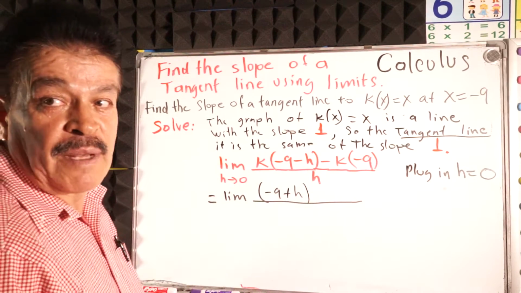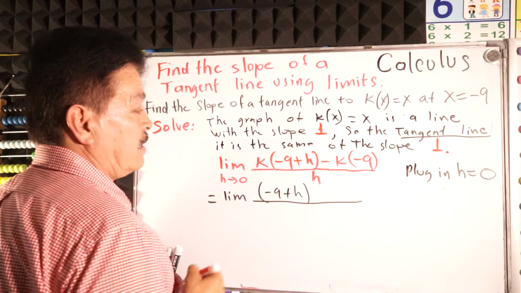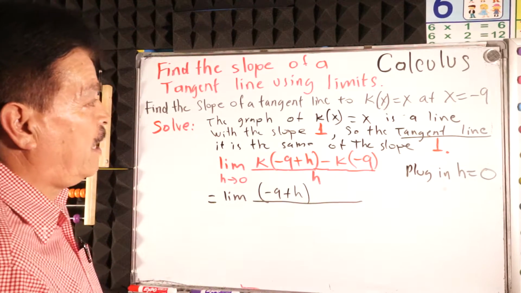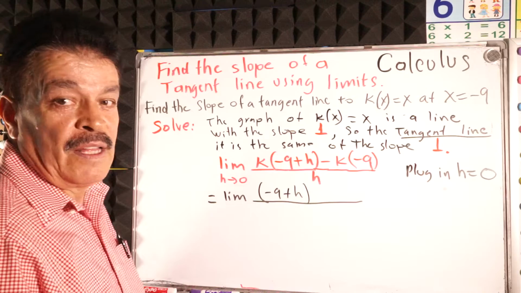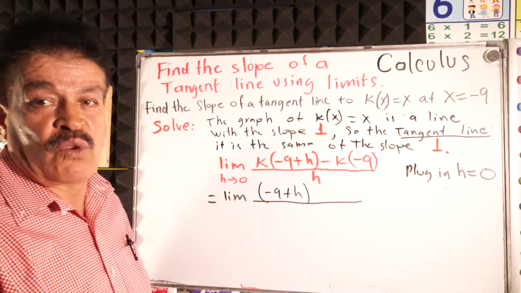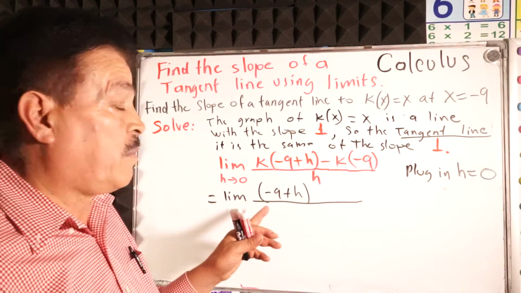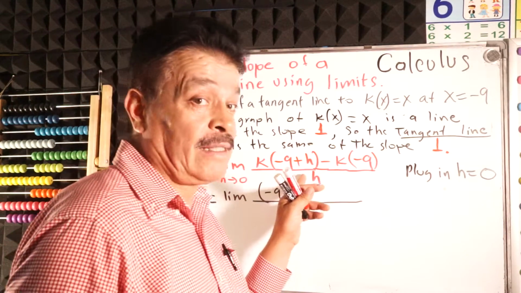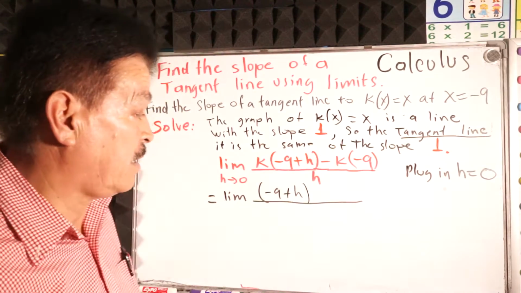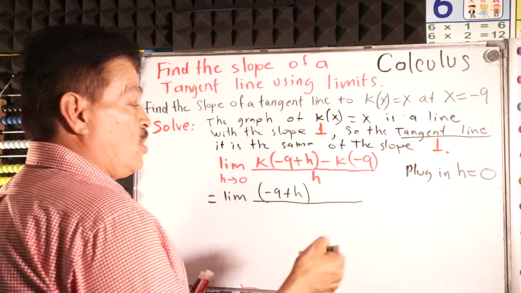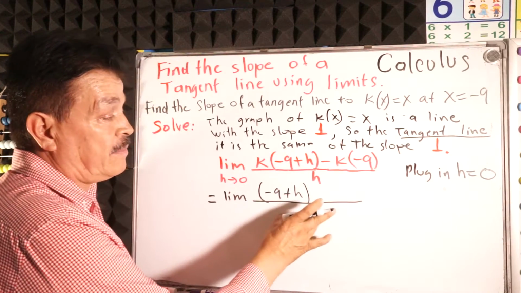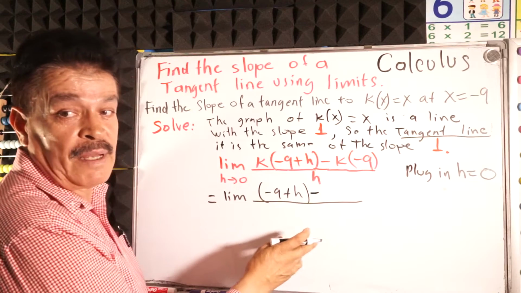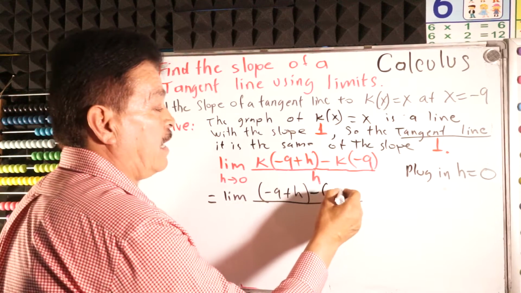The formula is plus h, not negative. Remember the formula I gave you at the beginning: the definition is plus h minus, in this case, negative 9. I made a mistake.